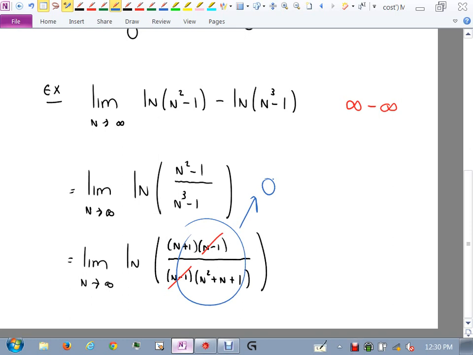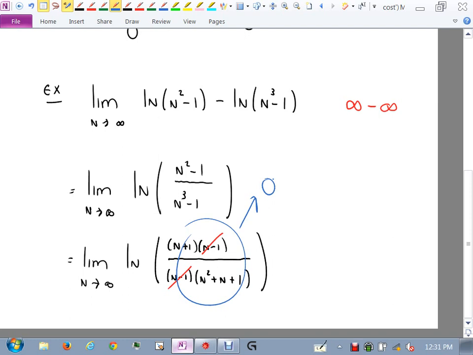What's natural log of 0? I keep threatening my Cal 1 students that I'm going to give them a quiz on the natural log function. Natural log looks like this, right? Natural log of 0 is undefined. However, this is a limit.